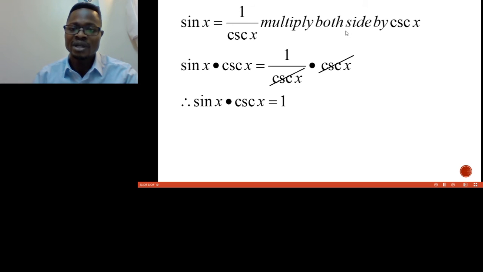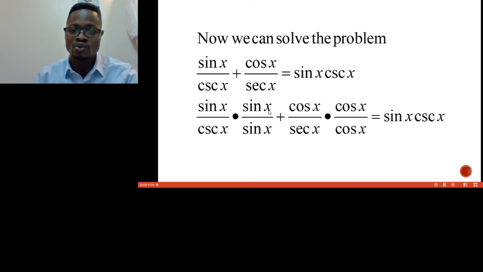If we multiply both sides by cosecant x, we will simply have sin x multiplied by cosecant x is equal to 1 over cosecant x multiplied by cosecant x. Now, cosecant x can cancel, so that we are left with sin x multiplied by cosecant x, which is equal to 1 that is remaining. And this multiplied by this will give us sin x cosecant x, which is equal to 1.